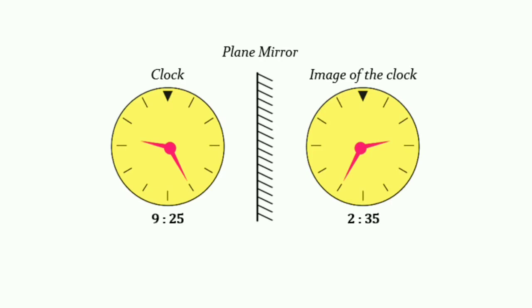This is the image of the clock shown by the plane mirror, but we have to choose the actual time. So the actual time is 9:25. I have just explained this using this image.